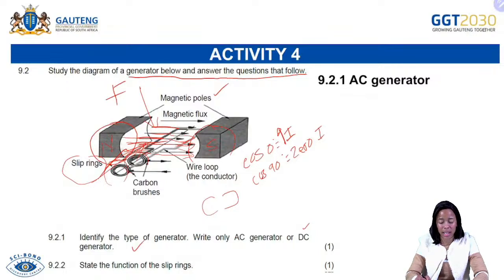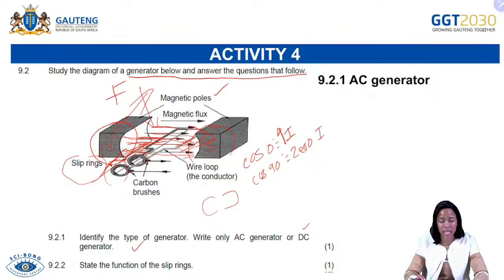The second finger represents the magnetic field lines, which need to be flowing from the North Pole to the South Pole. Your middle finger represents the current. So in this case, the current will be moving away from you.